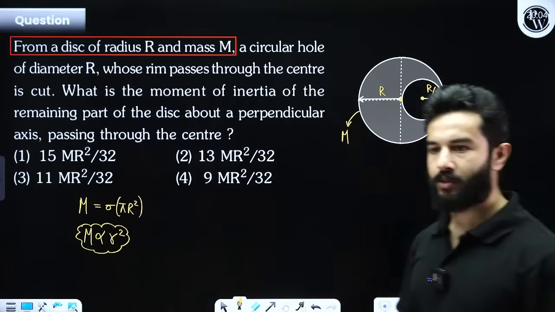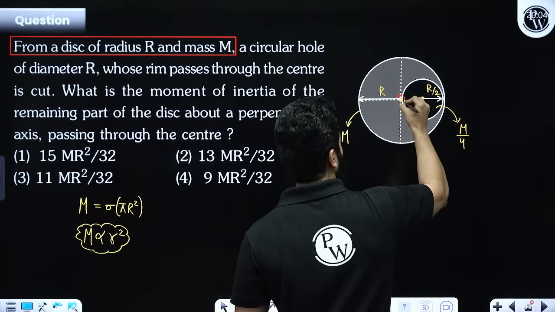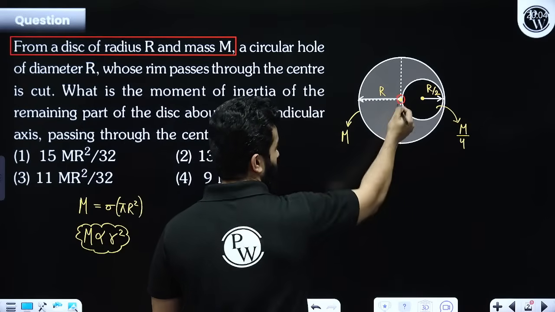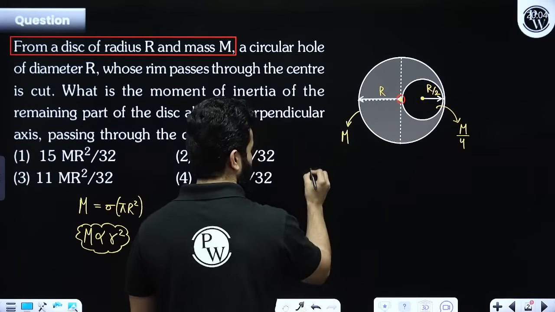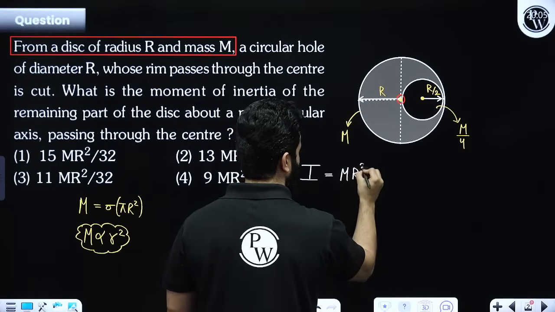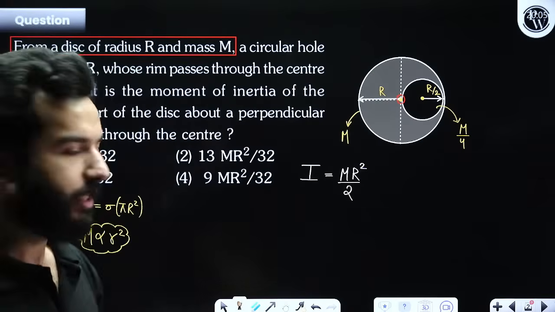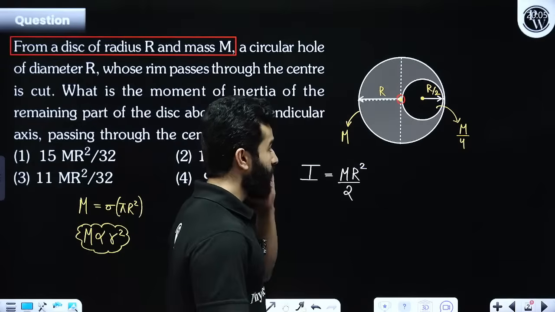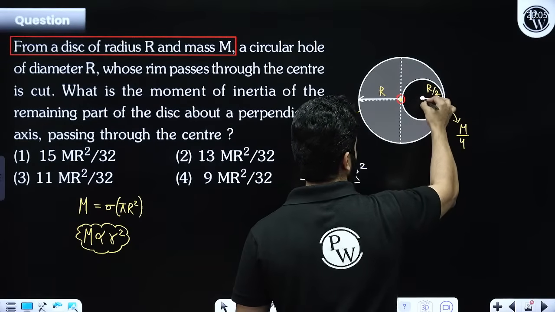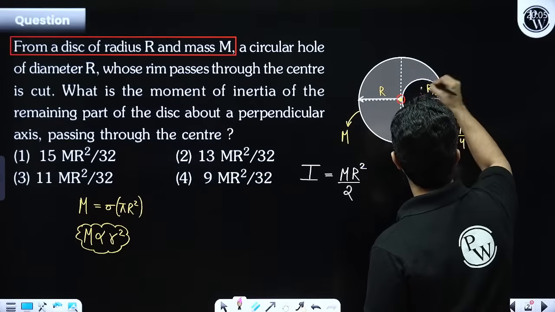Now pay attention. They are asking about the moment of inertia about this axis. Let me call it axis I. The moment of inertia of the complete disk is going to be MR square by 2. Now let's also subtract the moment of inertia of this cut-out disk about this axis.